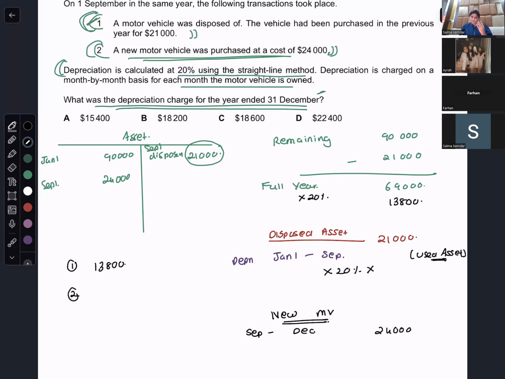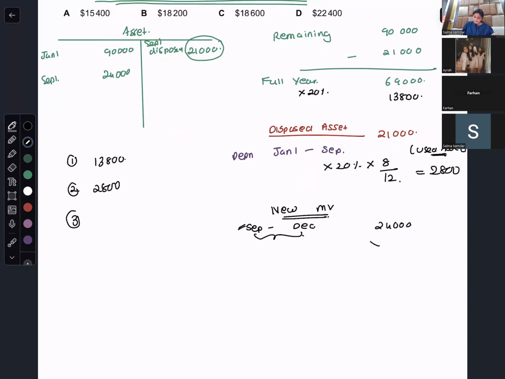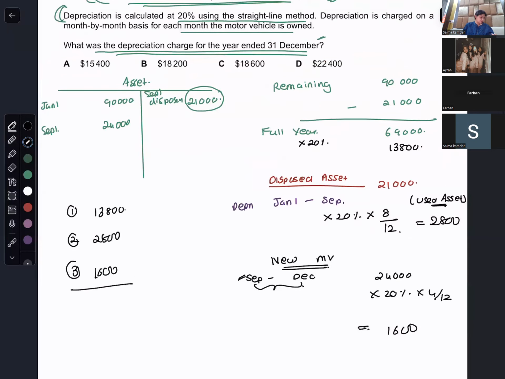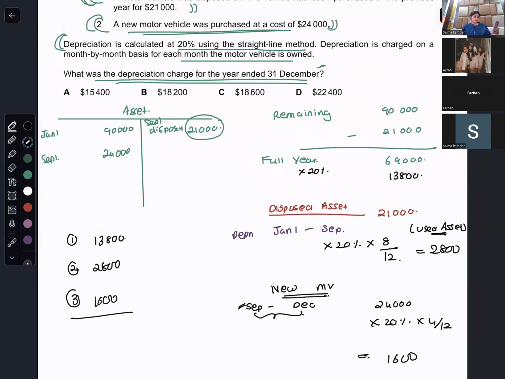September you won't take, since it is disposed on 1st September. So 2,800. And for the new asset that you purchased, from September to December, 4 months: 1,600. So what is the total depreciation charge? 18,200.